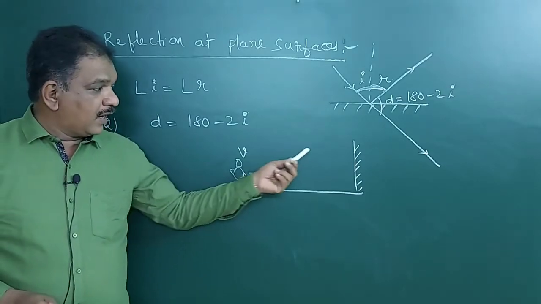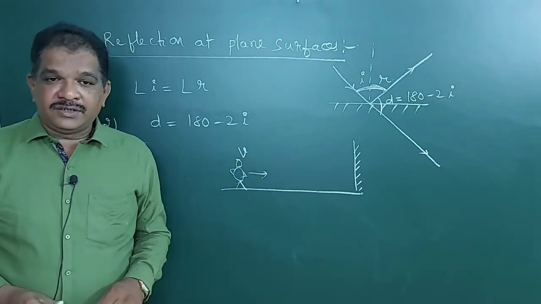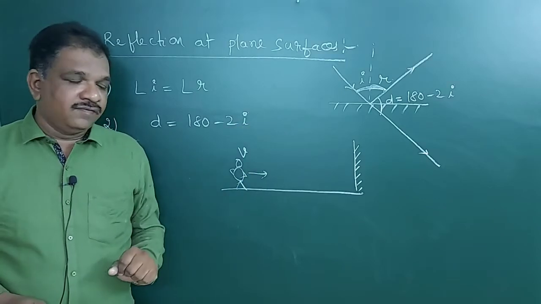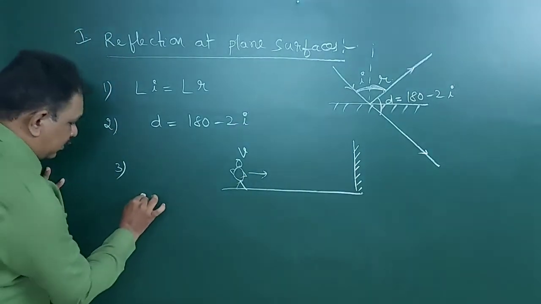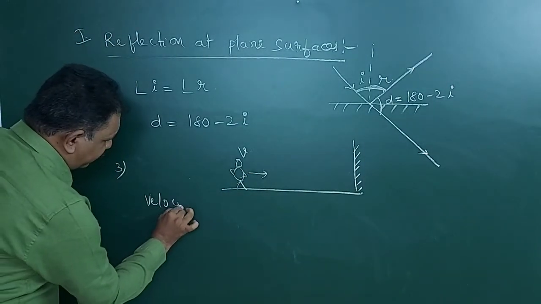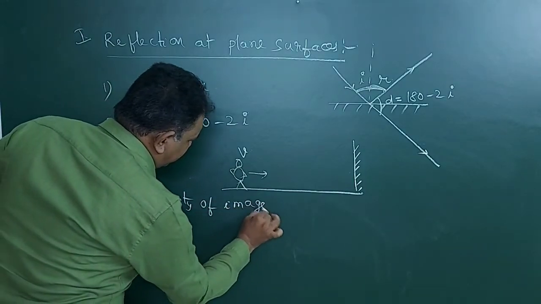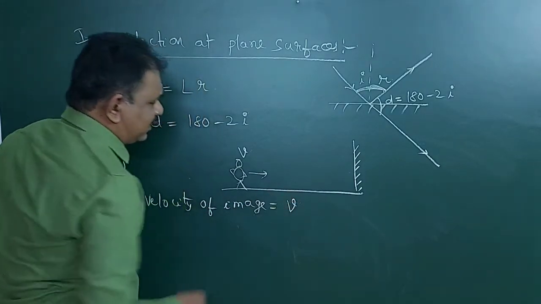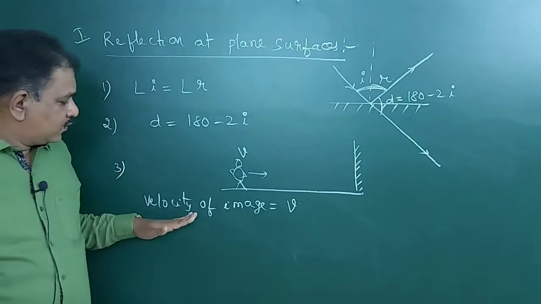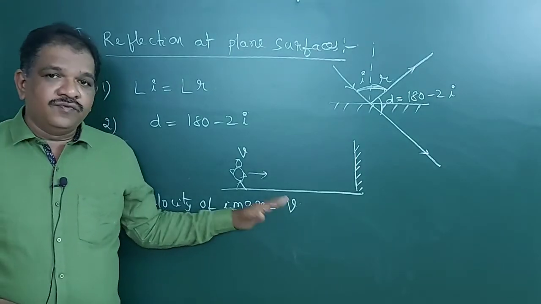What is the velocity of the image in the mirror? They will ask. Velocity of image will also be equal to velocity of object. So that will be equal to V.